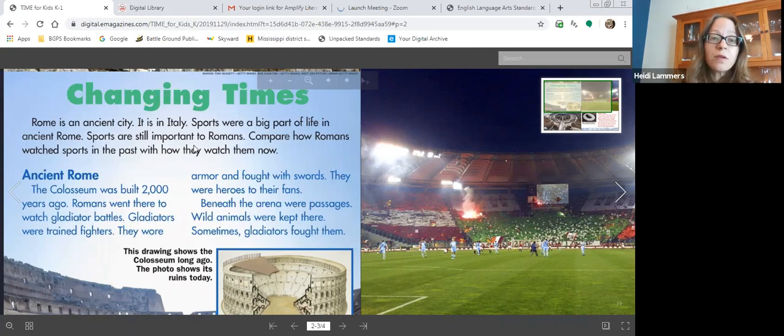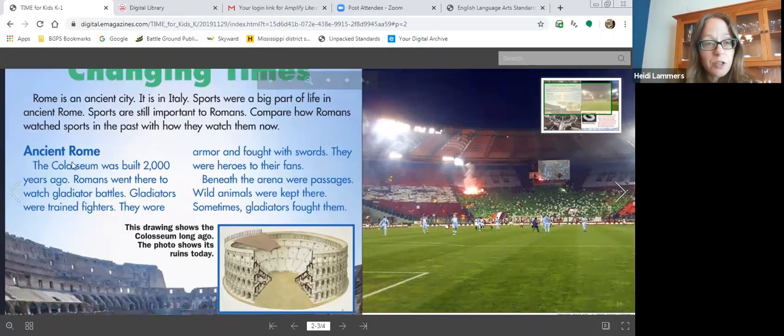Sports are still important to Romans. Compare how Romans watched sports in the past with how they watch them now. So remember, we're comparing the old with the new. Some things will be the same in our comparison and some things will be different.